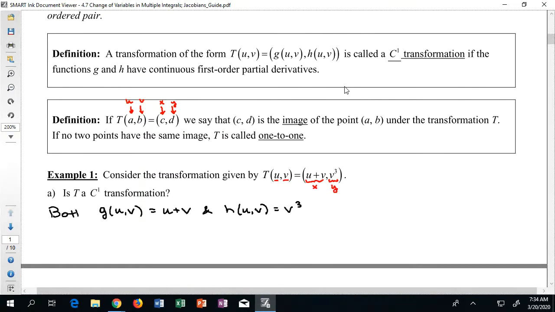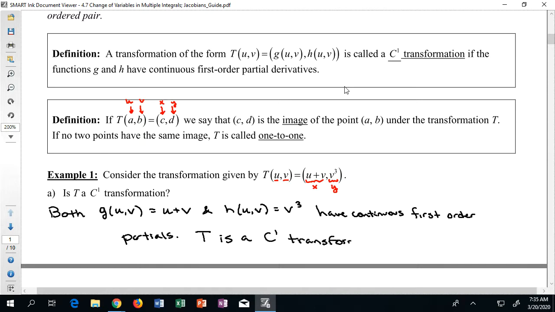I can say both g and h have continuous first-order partials. That's pretty easy to spot just by the functions themselves, because they are both polynomial functions, and so their derivatives are going to be polynomials, and all polynomials are continuous. So we can then claim T is a C1 transformation.